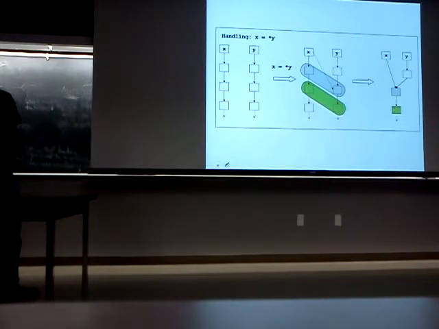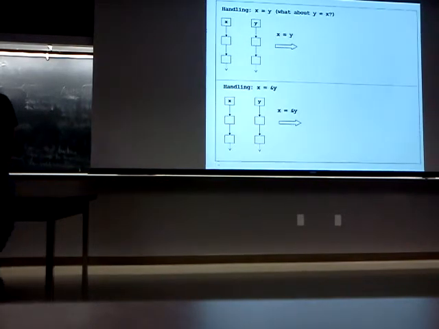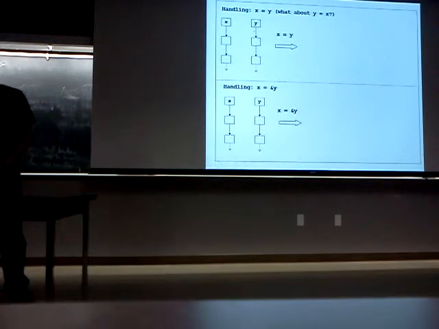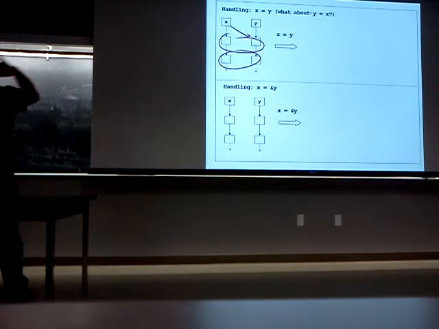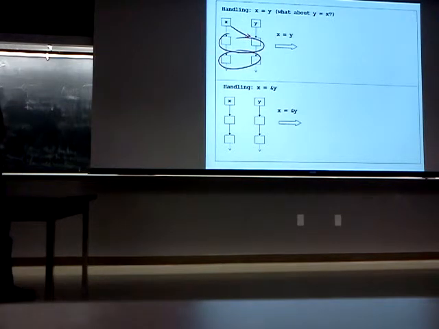But what about this? x equals y. What happens here is x gets the value of y. Then we basically merge everything all the way down, so it creates something where x and y both point to this merged thing. What about y equals x?